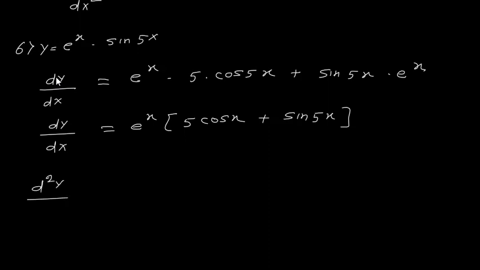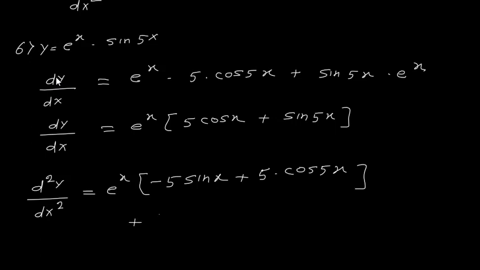So we get d square y upon dx square. So this will become e power x. Now here in the bracket it is minus 25 sin 5x plus the derivative of sin 5x, which is 5 into cos 5x, plus we have 5 times cos 5x plus sin 5x into e power x.